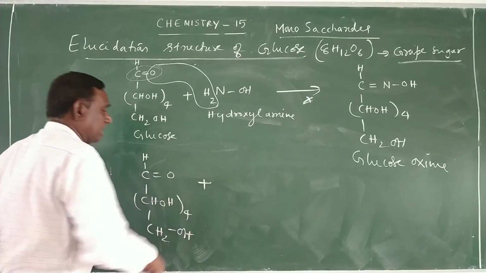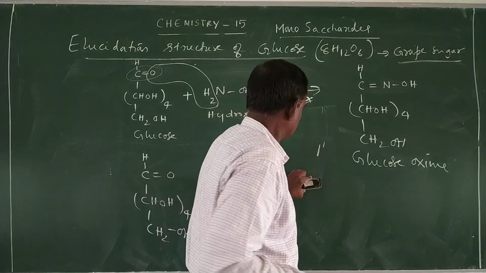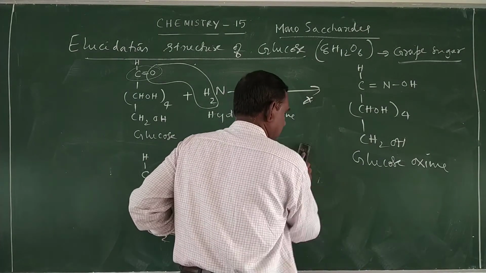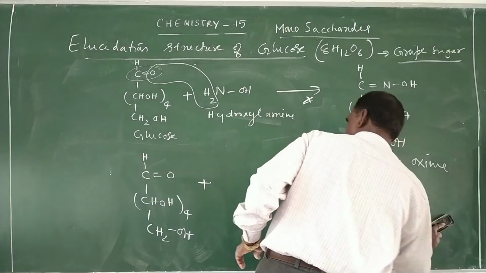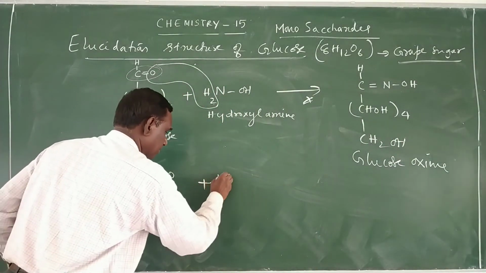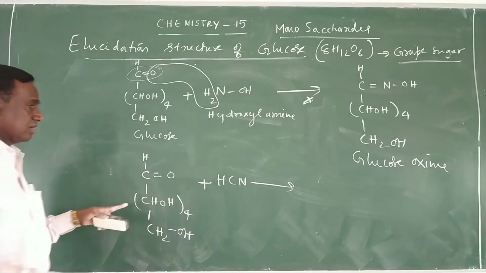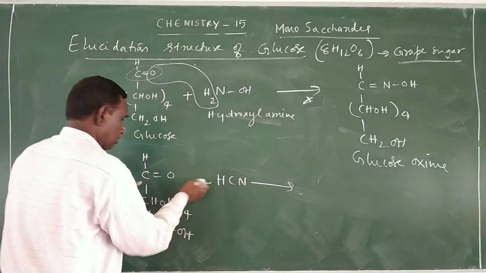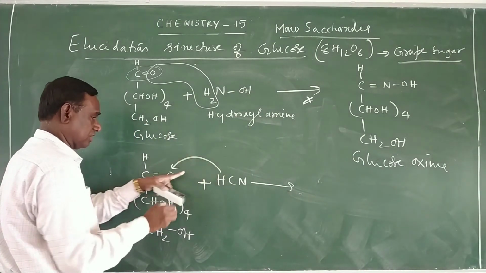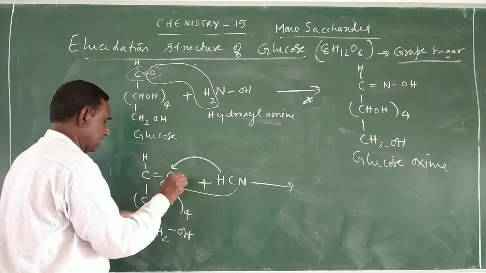When it is made to react with hydrogen cyanide, an addition reaction takes place: a hydrogen atom is added to the oxygen atom, giving OH, and CN is added to the carbon.